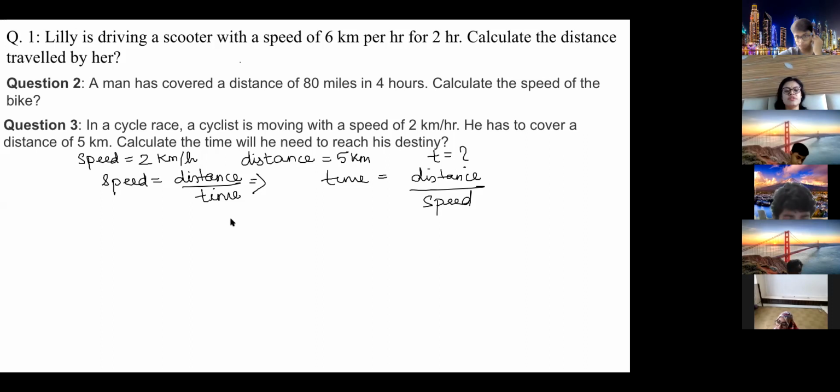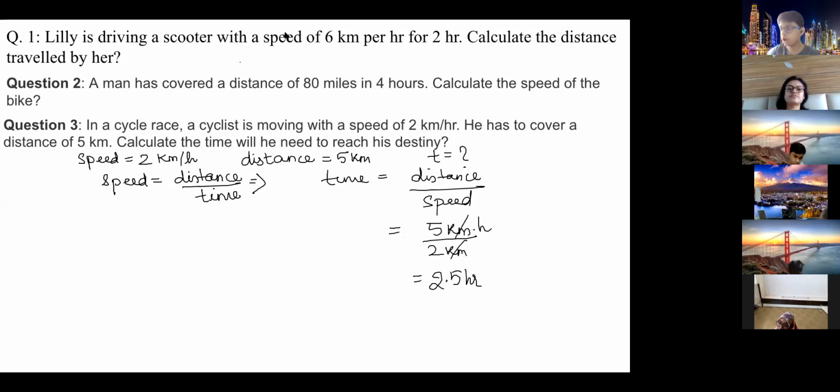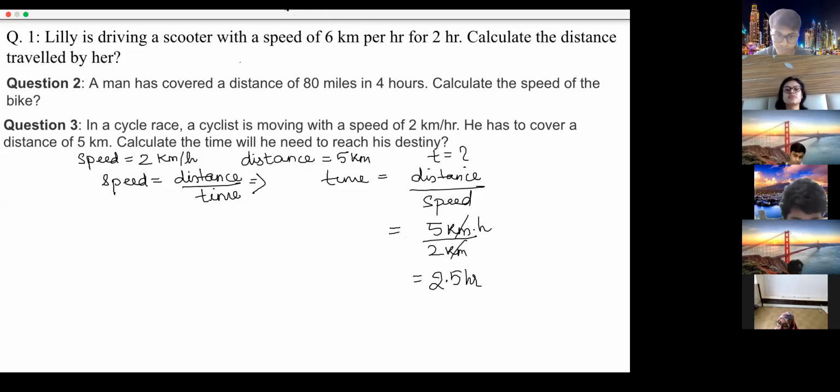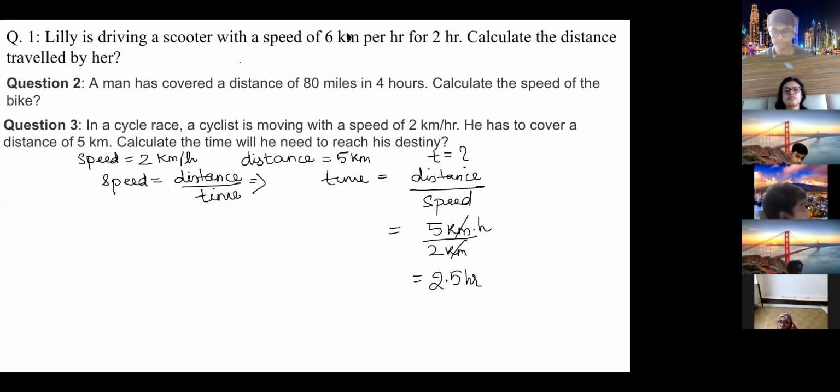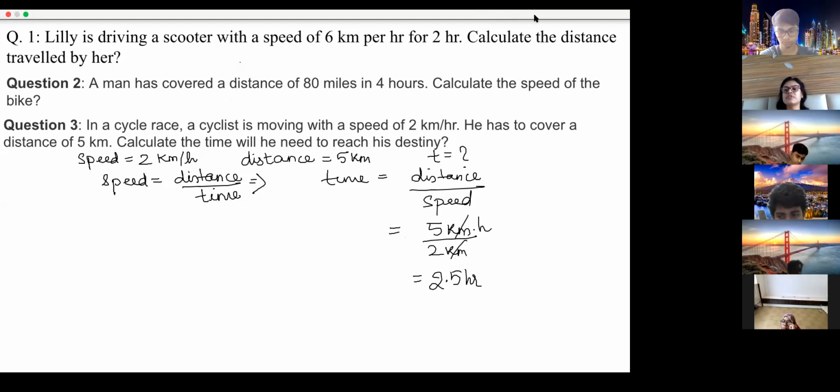Time goes here, speed comes here. So you have distance 5 kilometer upon speed 2 kilometer per hour goes in the denominator. So kilometer cancels. It is 2.5 hours. 2.5 is the answer. Everyone, correct your answers.